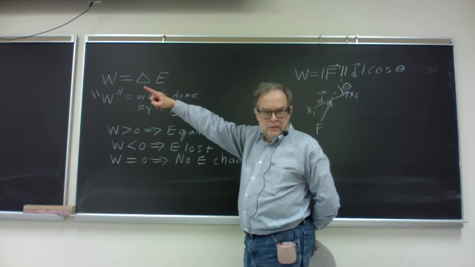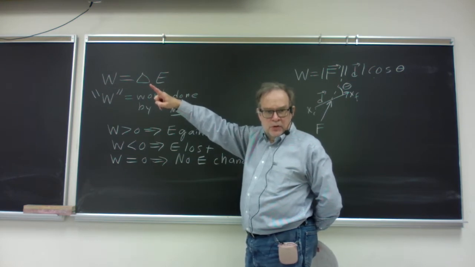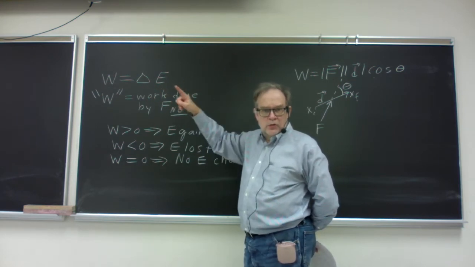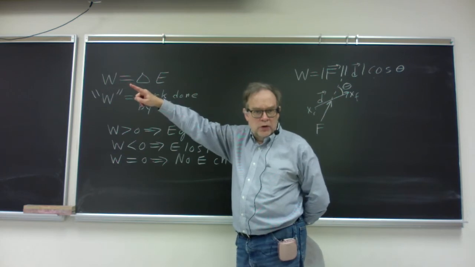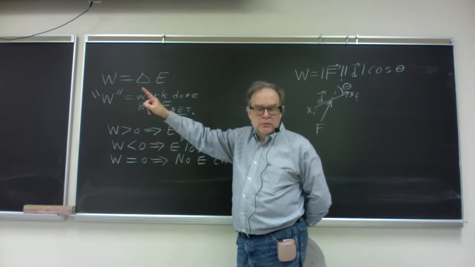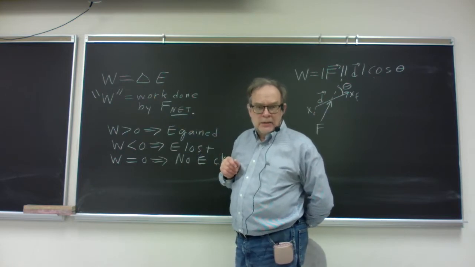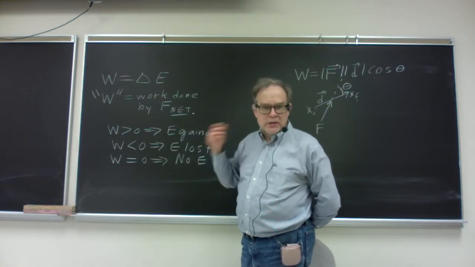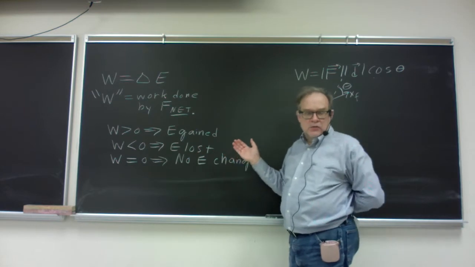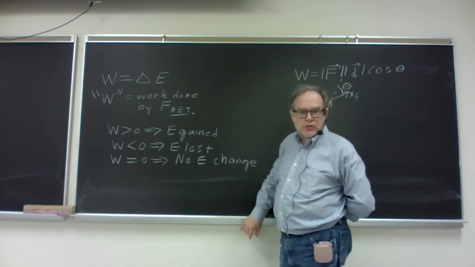And this equation tells you, among other things, that the numerical value of work is just equal to the amount of energy change that object or that system experiences. Positive work means the change in energy is positive.